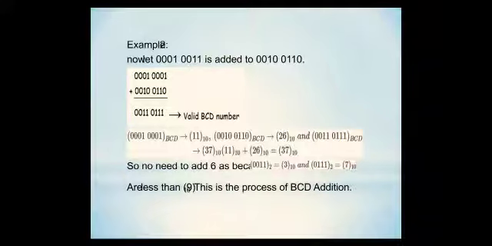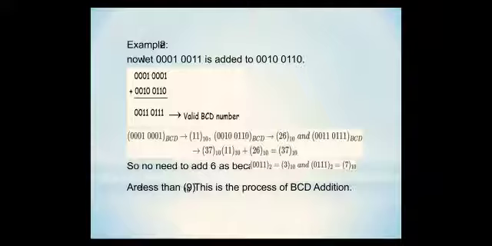In the next example, we can take 0001 means 1 and 0011 means 3, so 13 is added to 0010 means 2 and 0110 is 6.